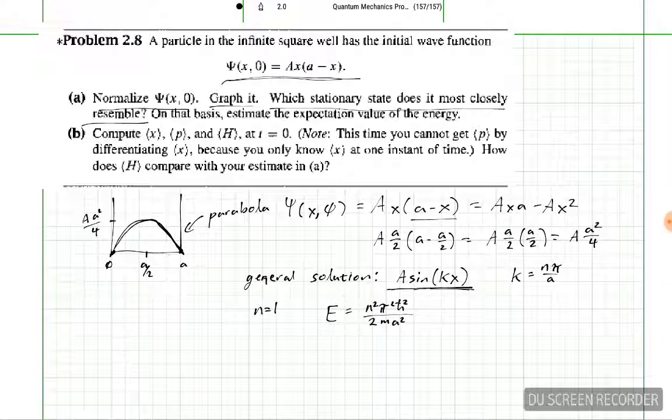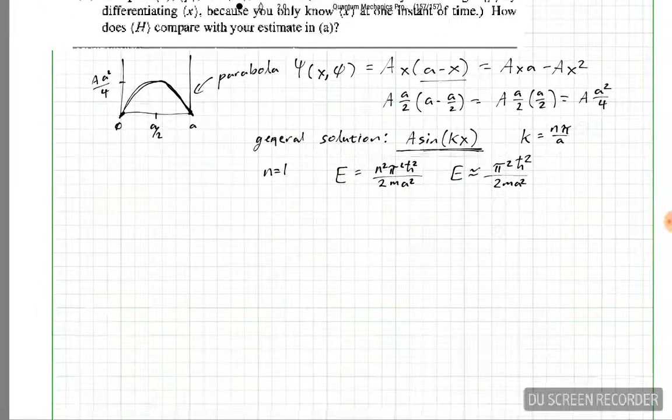So this most resembles the case where n equals 1, or ground state. So our energy looks a lot like this state. Not perfectly, this is not a sine wave, this is a parabola. It's not quite the same, but that's what it most closely resembles.